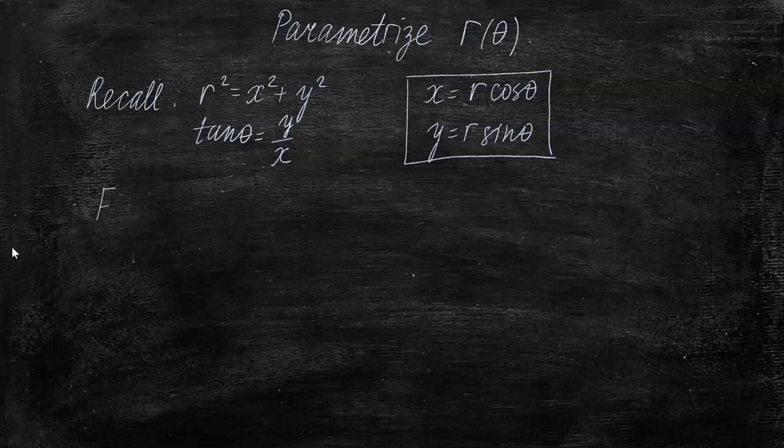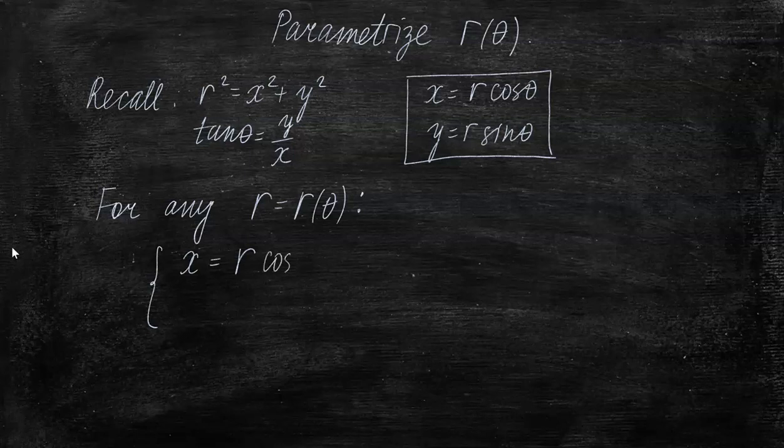So for any polar curve given by an equation in this form, the following will be true. x can be expressed as r cosine theta, but remember, r is a function of theta.